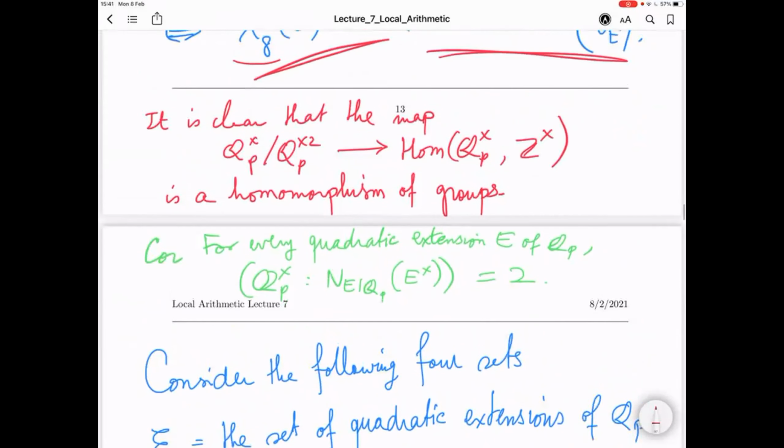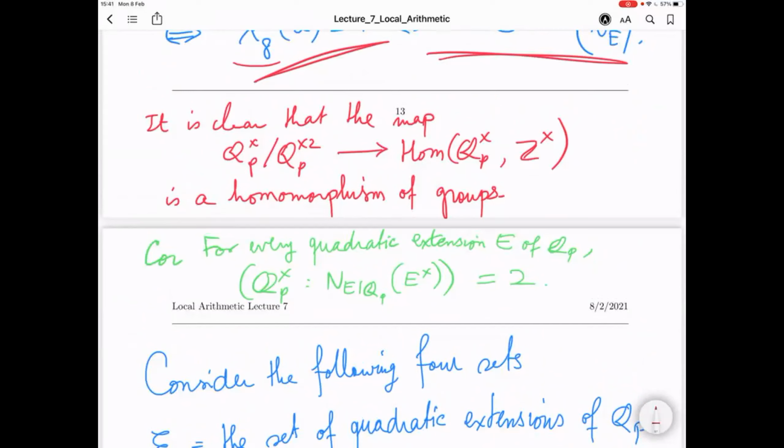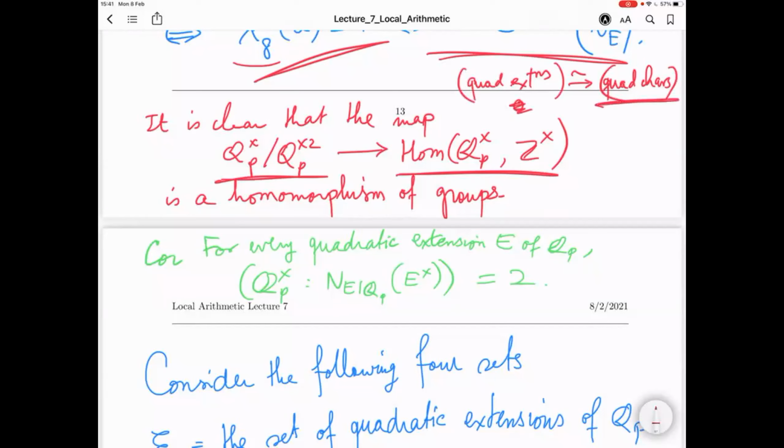Now, as I said, what we are given is a bijection between two sets, quadratic extensions and quadratic characters. By taking the trivial element, in this group quadratic extensions correspond to non-trivial elements, and in this group the quadratic characters correspond to the non-trivial elements.